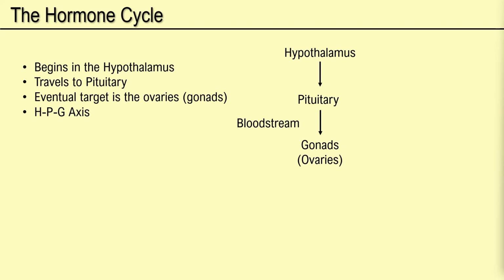Because this pathway begins in the hypothalamus and continues in the pituitary and eventually reaches the gonads, this is referred to as the HPG axis. The HPG axis is regulated by careful positive and negative feedback loops throughout the menstrual cycle to develop the secondary oocytes ready for ovulation and fertilization.